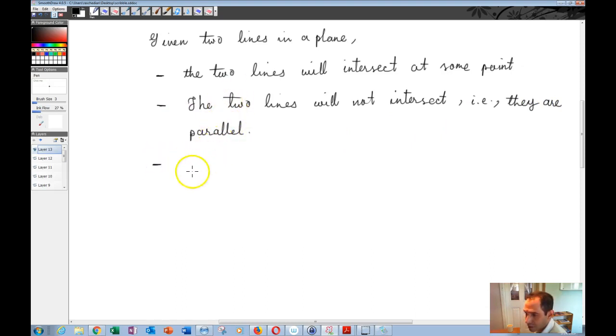And case 3 would be the two lines will be coincident.